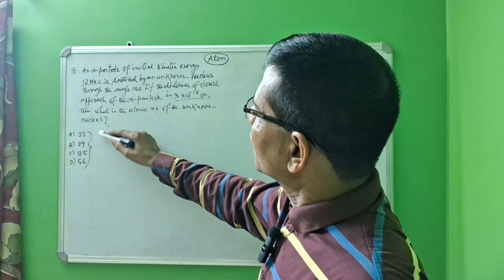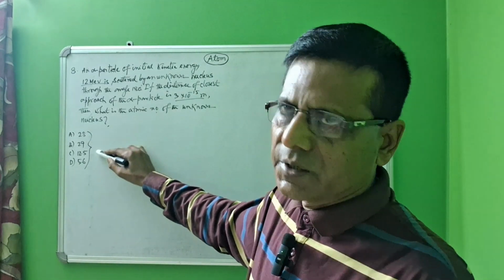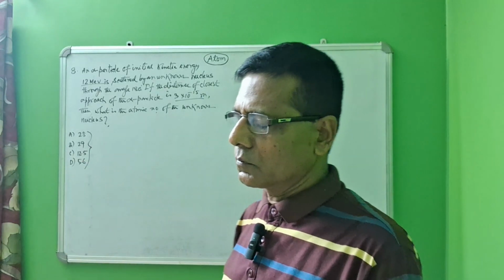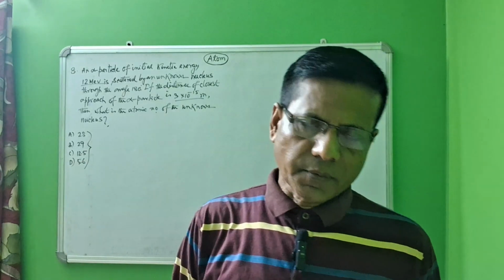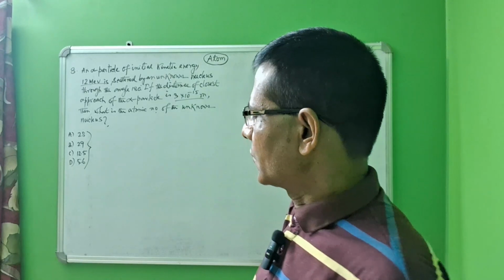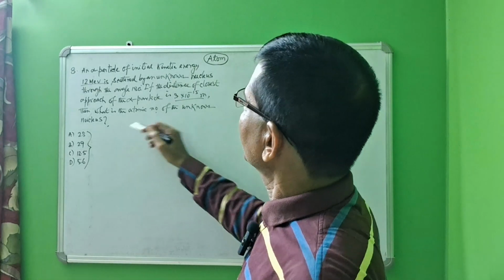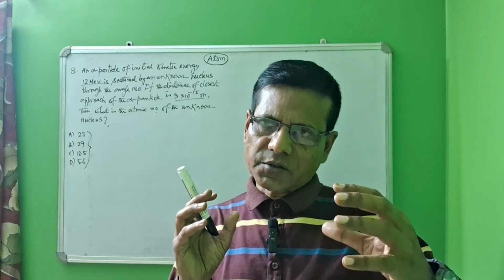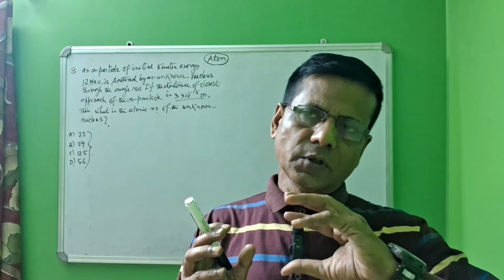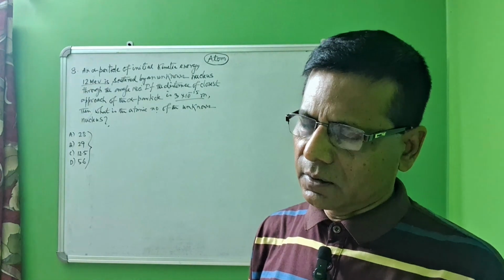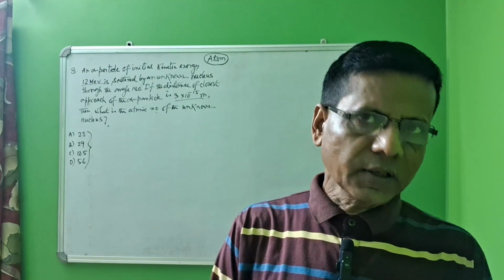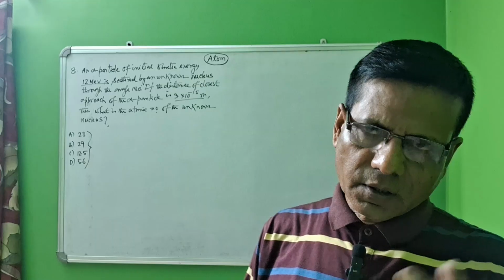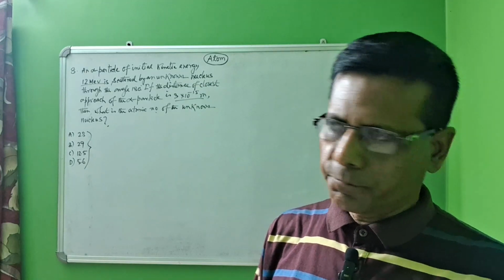For the answers, you can see that the four answers are larger than the alpha particle, because the atomic number of the alpha particle is 2. So the force of repulsion will act from the unknown nucleus side on the alpha particle. The unknown nucleus will repel the alpha particle.